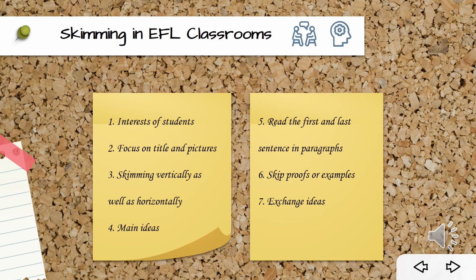Number six, skip proof or examples, but only if students consider the point doesn't need proving. And finally, number seven, it's important to share ideas and findings about the piece of reading. Student A, for example, could have discovered something that student B couldn't.